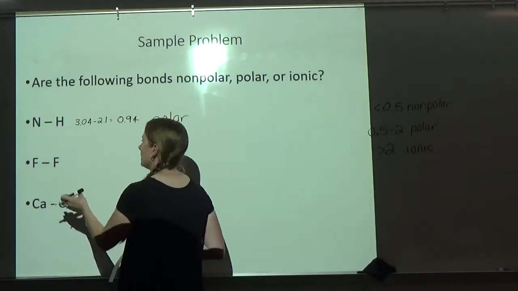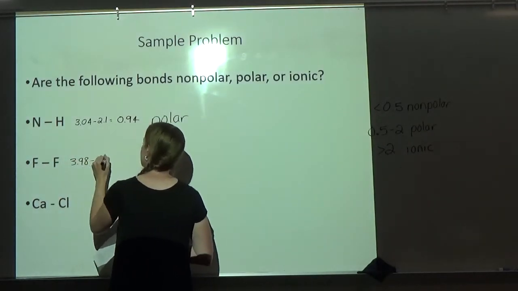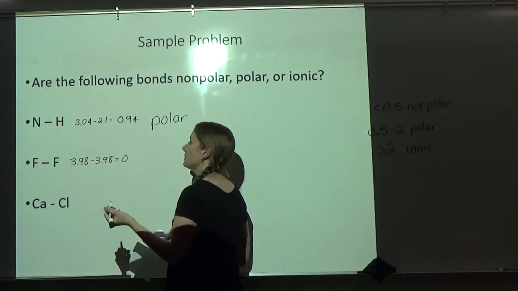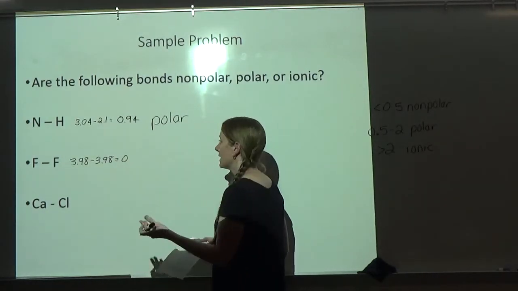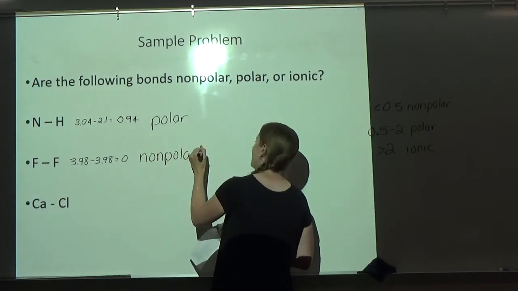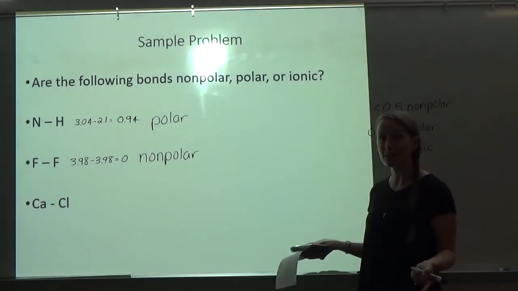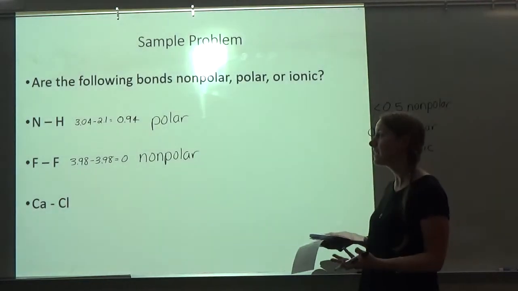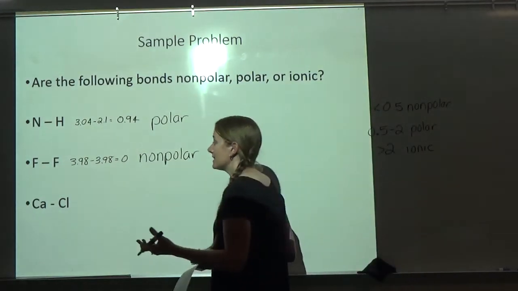Okay, this next one's super easy. F is 3.98 minus 3.98. The difference between the two is 0, which makes sense because they're the same atom anyway. So this would be a nonpolar bond, because fluorine and fluorine have the same electronegativity, so they're going to pull with the same force on the electrons. The last one we have is Ca and Cl.